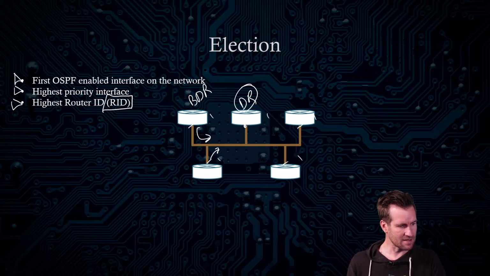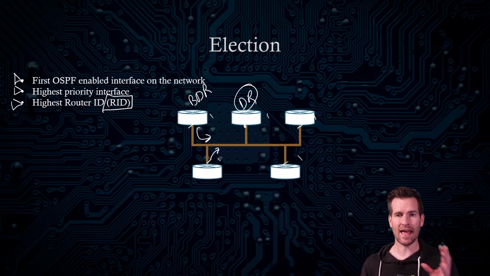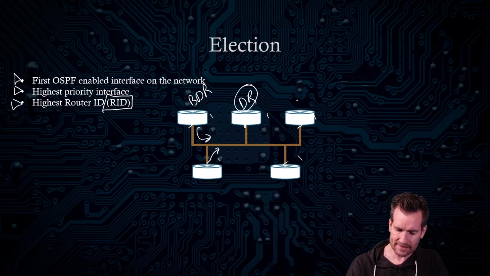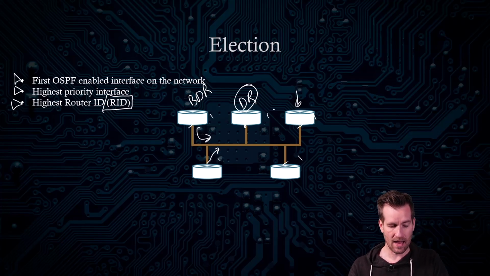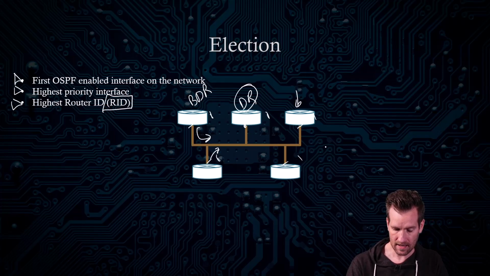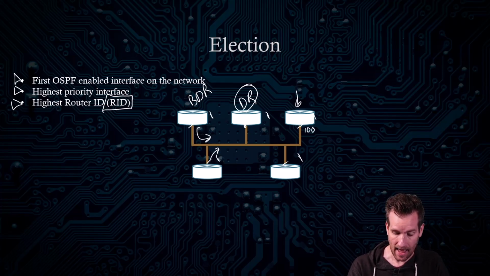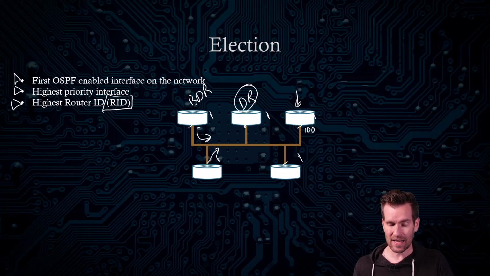Now, a couple things to realize about this is once this is established, it's not going to actively change. So let's say that this device right here comes online, and all the rest of these have the default priority interface of 1. So all of these have 1. This comes online and it's at 100. And so it gets on there.